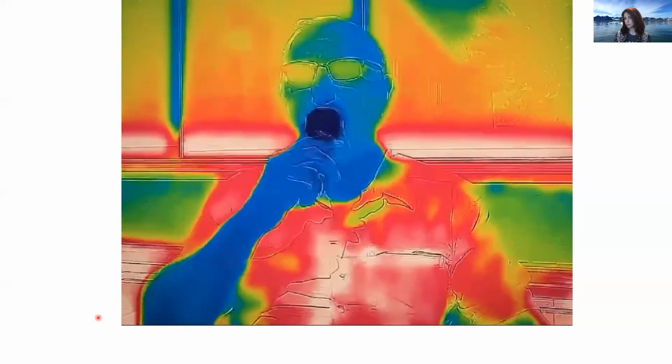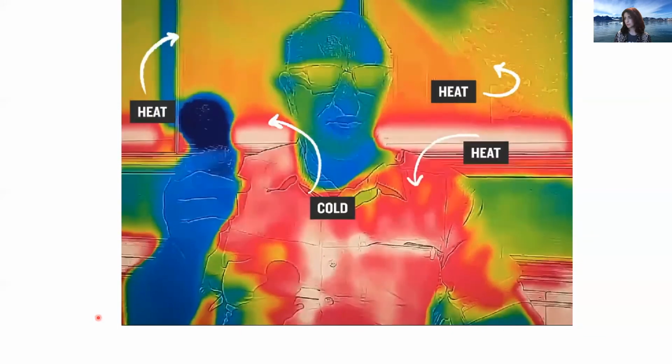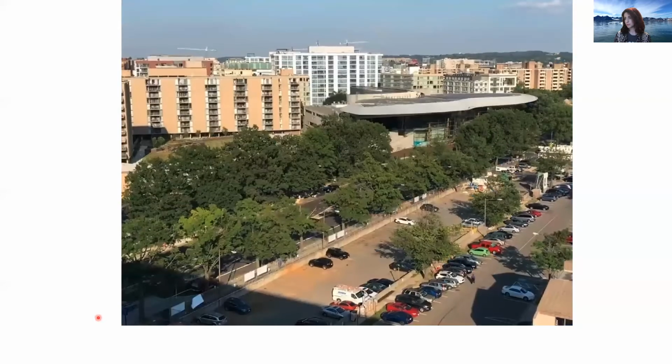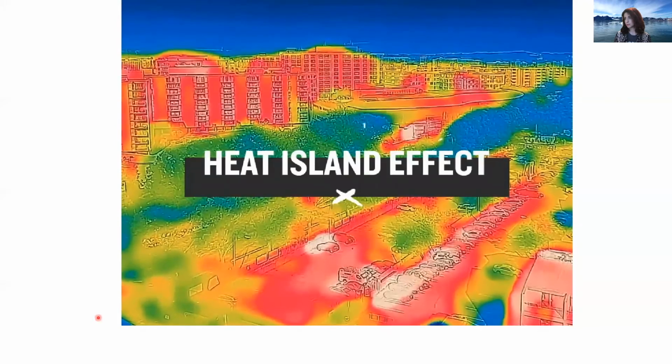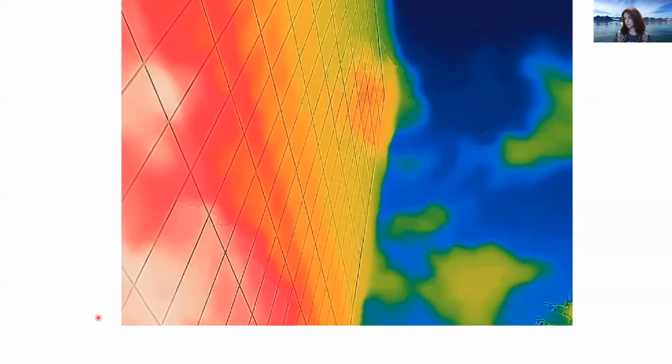There's a reason that summers in the city are so hot, and it's probably easiest to explain why with thermal vision. It shows the heat all around me and also the coldness of this ice cream cone. Cities are often hotter than their suburbs due to a phenomenon known as the heat island effect. All of that asphalt, concrete, dark rooftops, and tall buildings, they absorb and store heat.